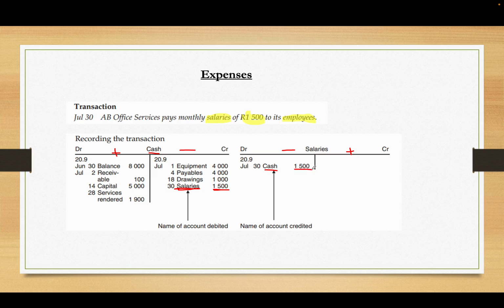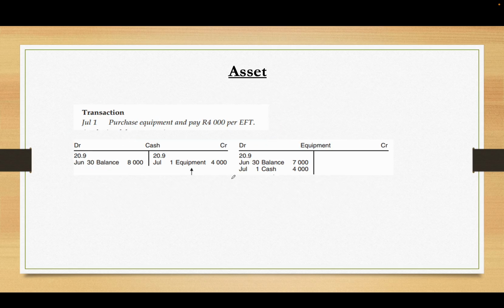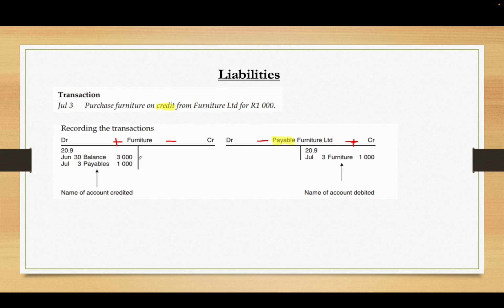You understand? So guys, another thing I want to explain to you. As you can see with these accounts, it's very visible that payables is on the left side and furniture is on the right side. You can't have payables here and furniture also here. It must be a debit, credit, credit, debit, debit, credit, credit, debit.